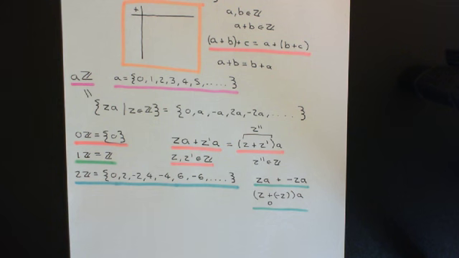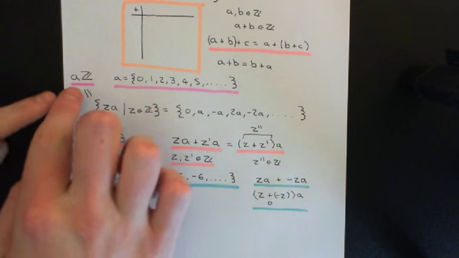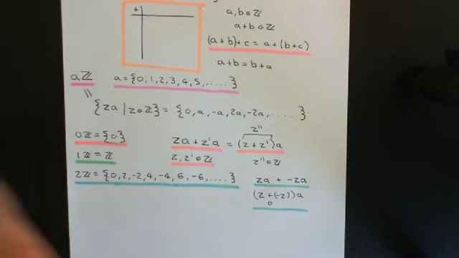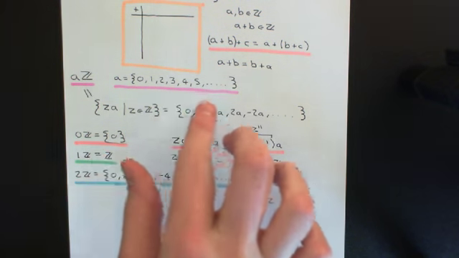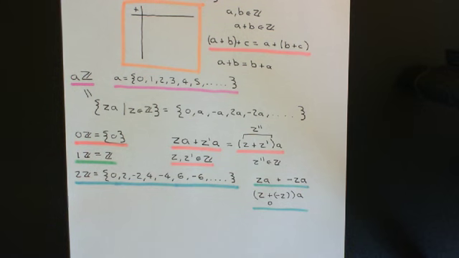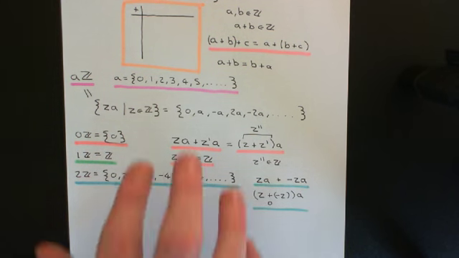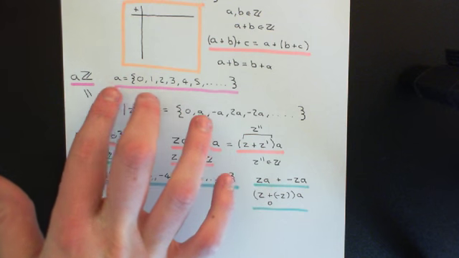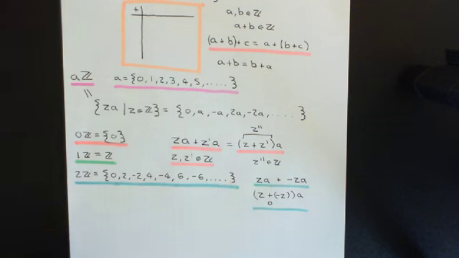So all of that was just in order to prove that all of these subsets of the form az, where we're taking all integer multiples of this number a, which is 0, 1, 2, 3, 4, 5, etc. And by the way, I should explain why we haven't got the negative numbers in that list.